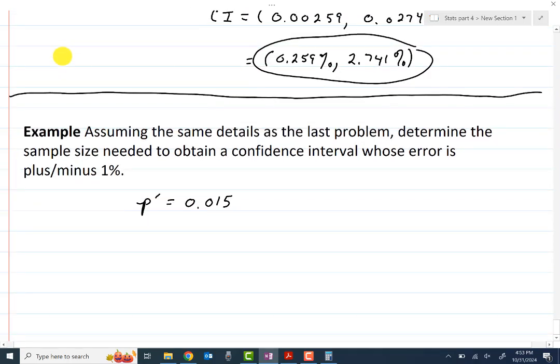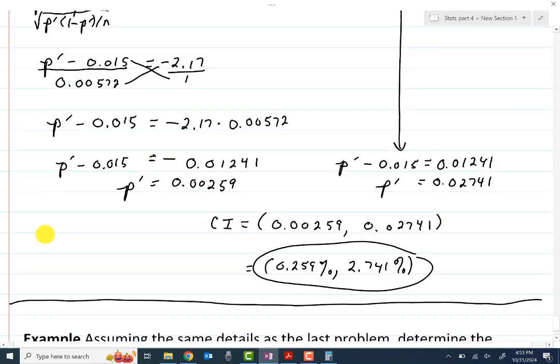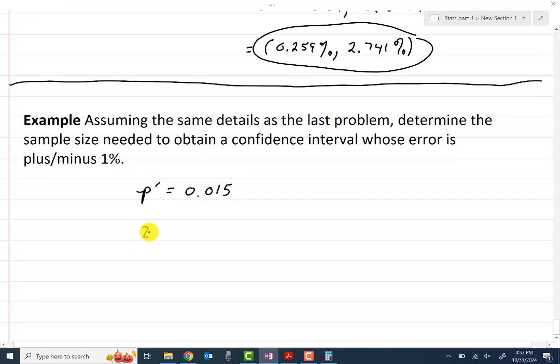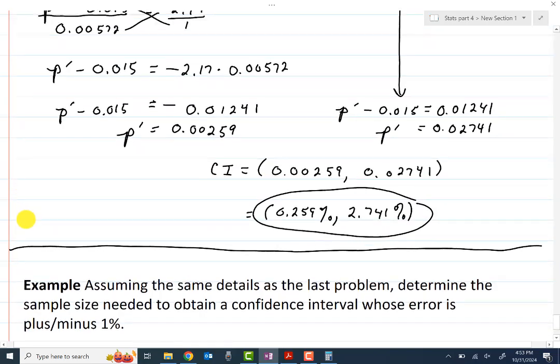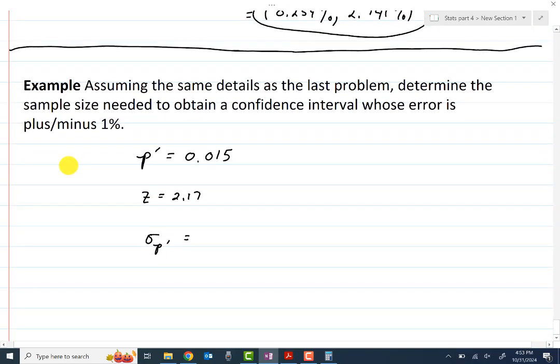Well, they're giving me the error. I think we got the 1.9. What was the z value? 2.17. I don't know whether to call it sigma sub P or sigma sub P prime. What was that equal to? 0.00572.